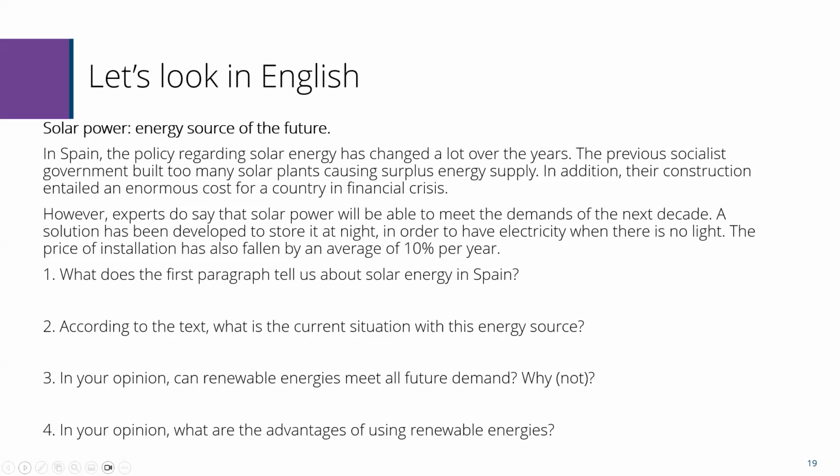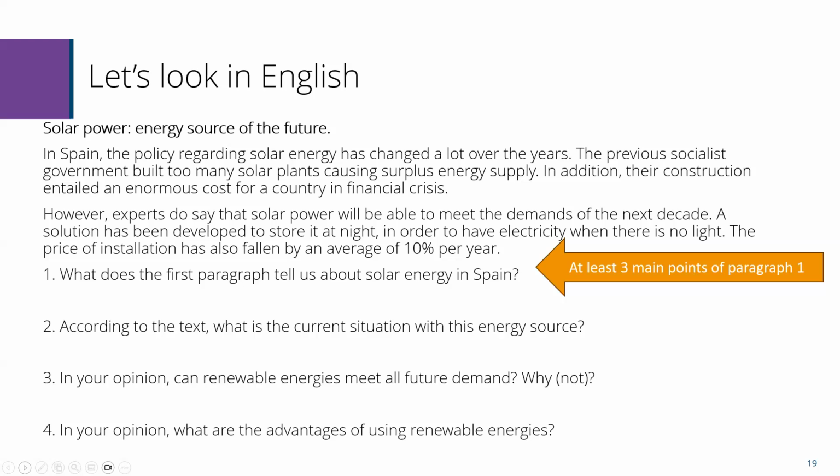Now, you have those 4 questions. So what does the first paragraph tell us about solar energy in Spain? Candidates are expected to show that they've understood the text. Okay, so as they answer the first question, we're looking for at least 3 main points from paragraph 1.